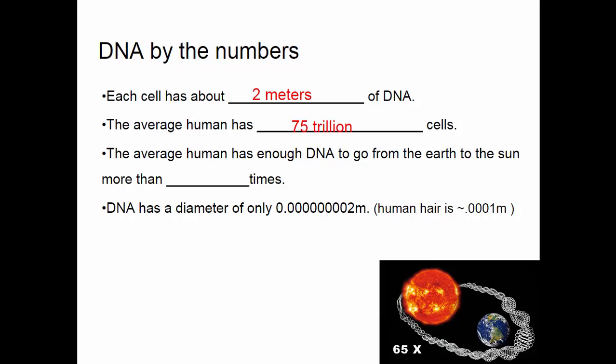We have about 75 trillion or so cells that make up our bodies. That means in our bodies, we have enough DNA, if you were to stretch it all out, one after the other, to go from the Earth to the Sun 65 times. So it's a huge length of material, but it's so small that it's basically invisible.